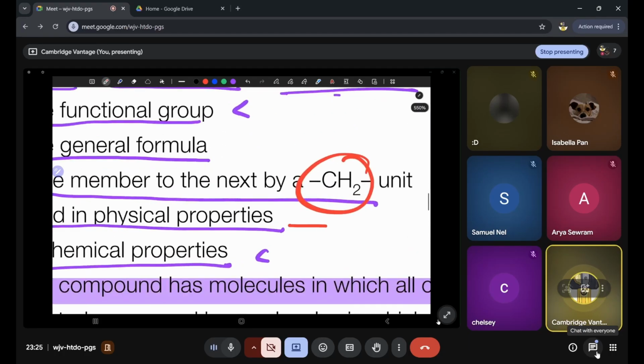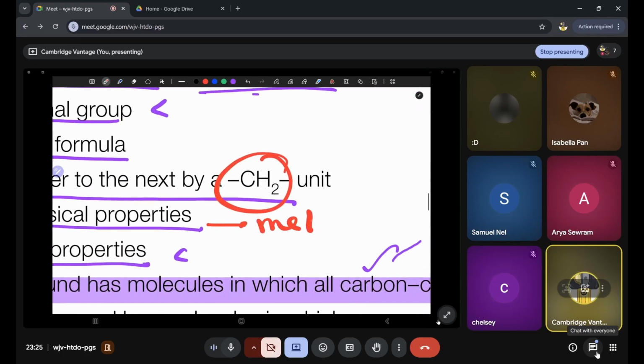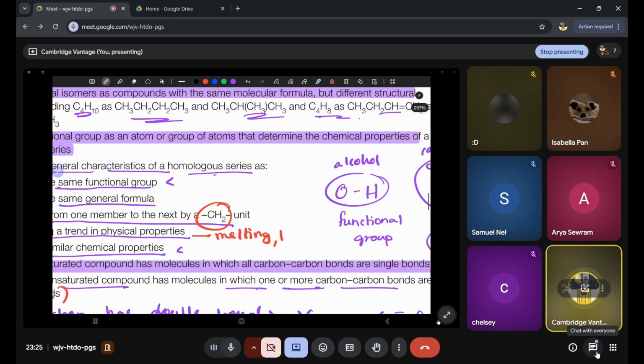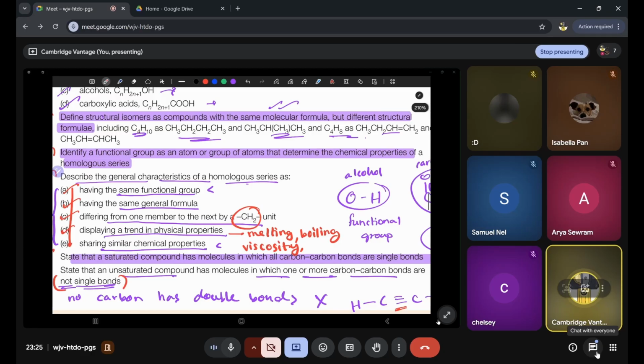The physical properties are melting point, boiling point, viscosity, and what was the other one? Do any of you remember the other one?